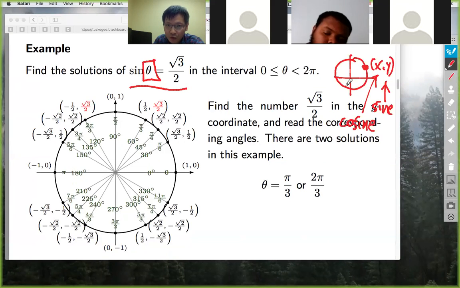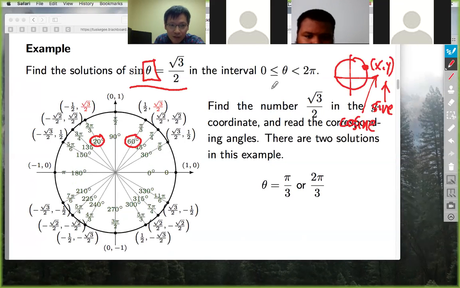If you want to solve a cosine equation, you have to look at the x value. This example tells you to look up this number from the y coordinates. You see two y coordinates here and here, and so two angles, 60 degrees and 120 degrees. Those are the two answers.